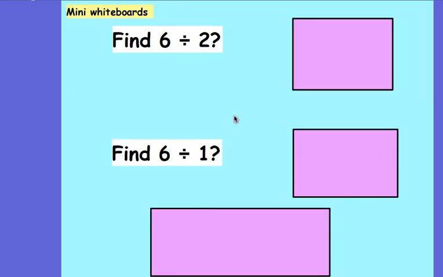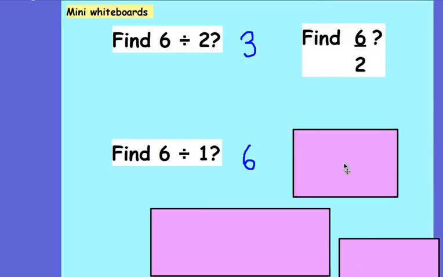And to introduce this, mini whiteboards or light blue books, can you find 6 divided by 2 for me, and can you find 6 divided by 1? Pause the video, write down your answers now. Okay, so 6 divided by 2 would give me 3, and 6 divided by 1 gives me 6.